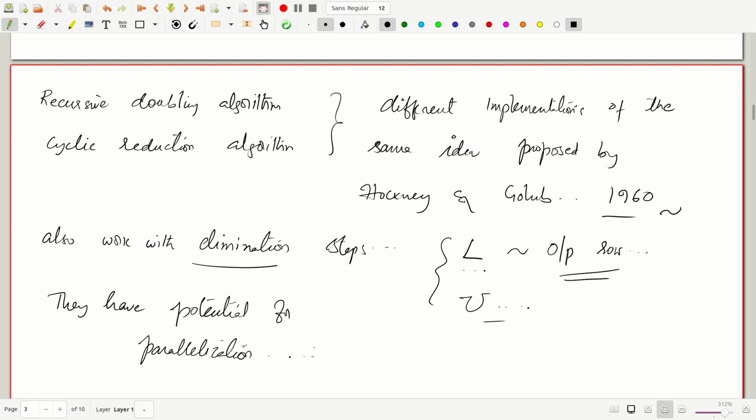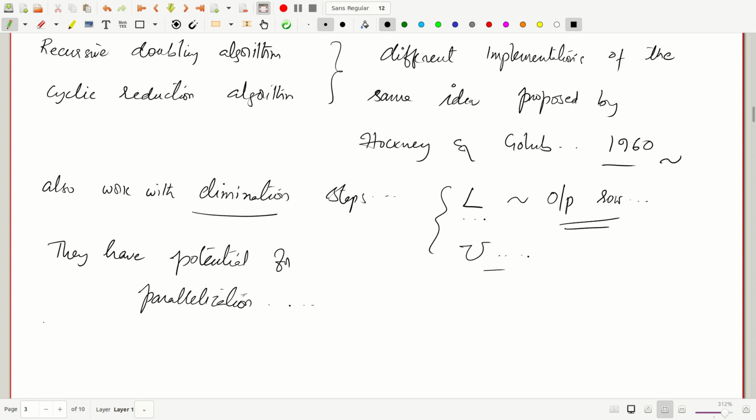Okay, so both these methods are of course only applicable if your matrix is symmetric and positive definite, or in other terms, it is diagonally dominant.